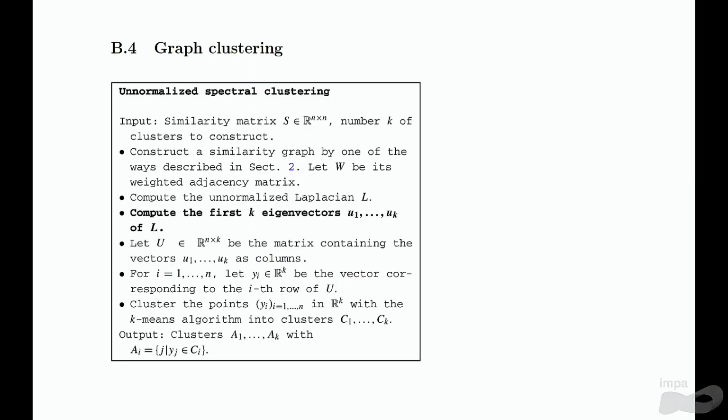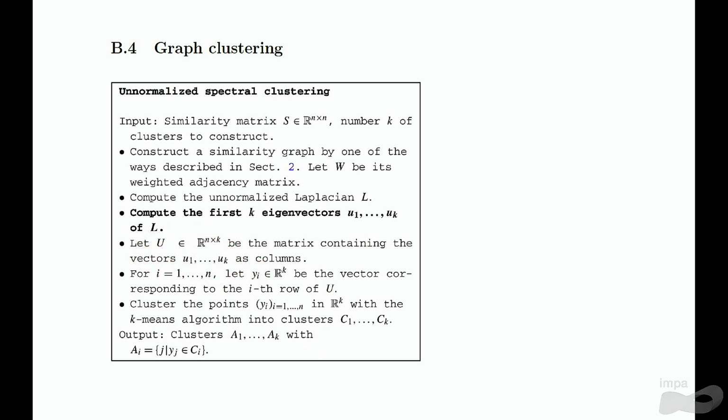You could do this by just constructing the matrix or just using a matrix that you've been handed to begin with, but in this common approach, we have a similarity matrix, right? We construct a graph from that matrix. Here we're working with the unnormalized Laplacian. We're computing its k leading eigenvectors. Supposing that we know the true value of k, let's say, then U is our matrix of eigenvectors, right?